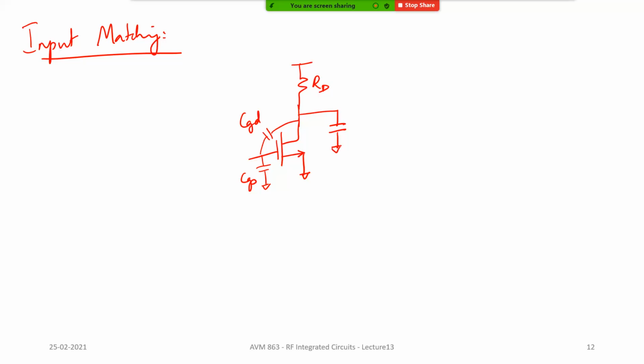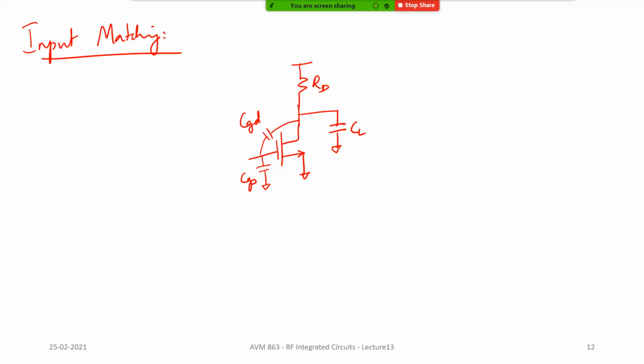You have some load capacitor CL. We always model a certain load capacitor because the next stage input will also have a CGS. This LNA is not going to hang in thin air; it is going to get connected to the next stage. The next stage also has MOSFETs, and MOSFET input impedance is usually capacitive in nature, as we saw. So all that is modeled as some load capacitor CL.